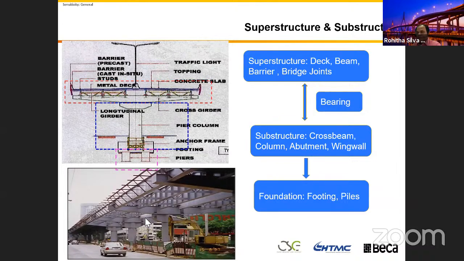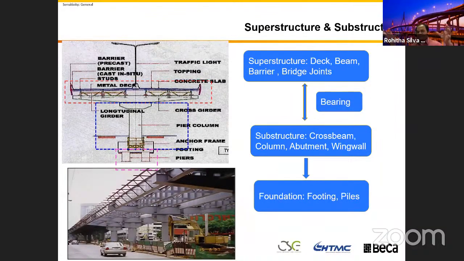I'm not going to explain in detail about the cross beam and the piers and all this assembled thing at the moment. The superstructure has a deck, a beam, a barrier, and a bridge joint. You can't see the bridge joint here. Between the superstructure and substructure, I put an arrow and a bearing. This is one of the most important things on the bridge.